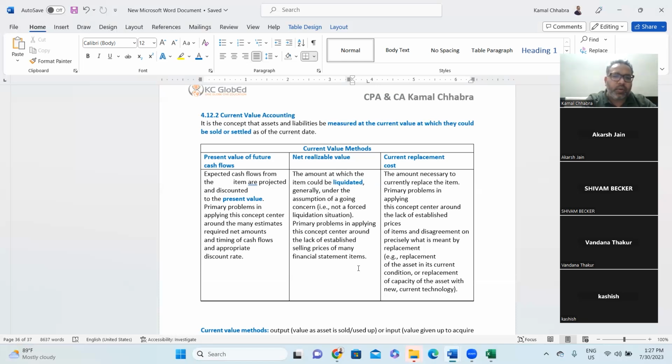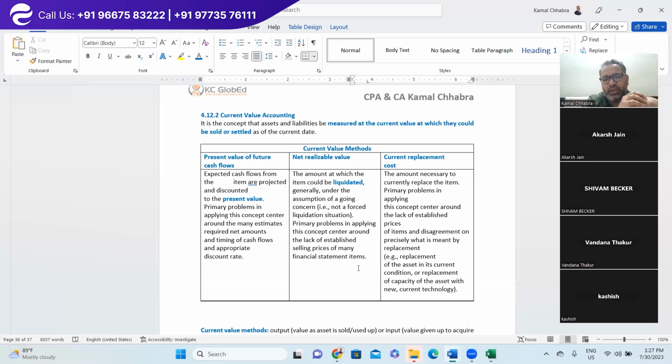So the first one is present value of future cash flow. Expected cash flows from the item are projected and discounted to present value. The primary problems in applying the concept center around the many estimates required: the net amount and timing of cash flows, and the appropriate discount rate. So there are three challenges. First, what will be the future estimated cash flow, right?